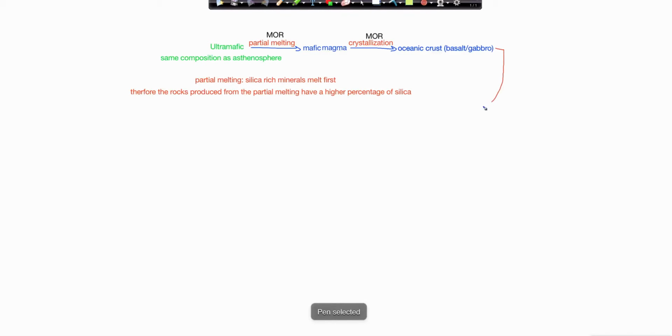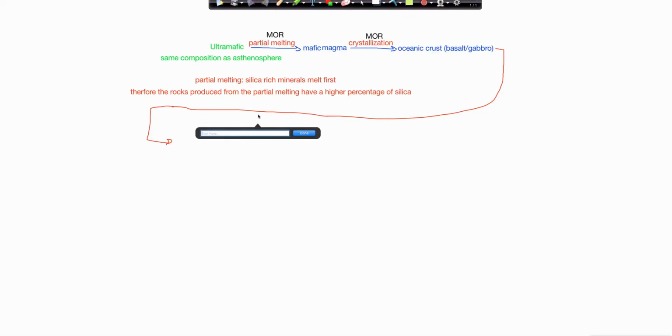Okay, so then we're going to partially melt our mafic rocks, and this is going to occur, so once again, partially melt.